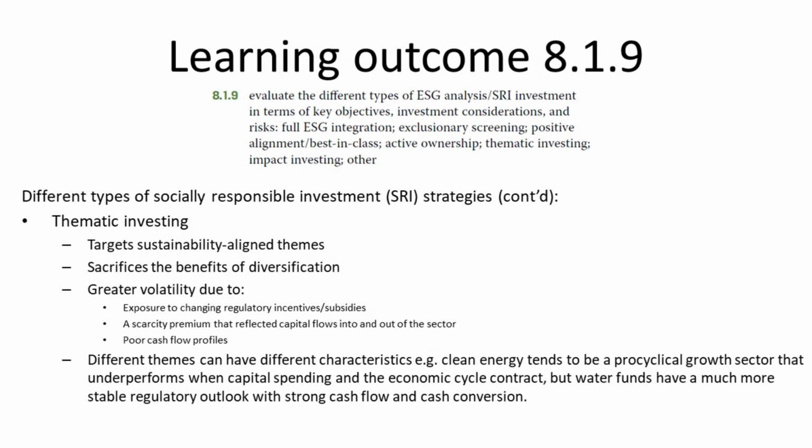Thematic investing targets sustainability-linked or aligned themes, and by definition, because the investable universe is limited, it sacrifices the benefits of diversification. And this kind of investing may lead to greater portfolio return volatility due to exposure to changing regulatory incentives or subsidies.